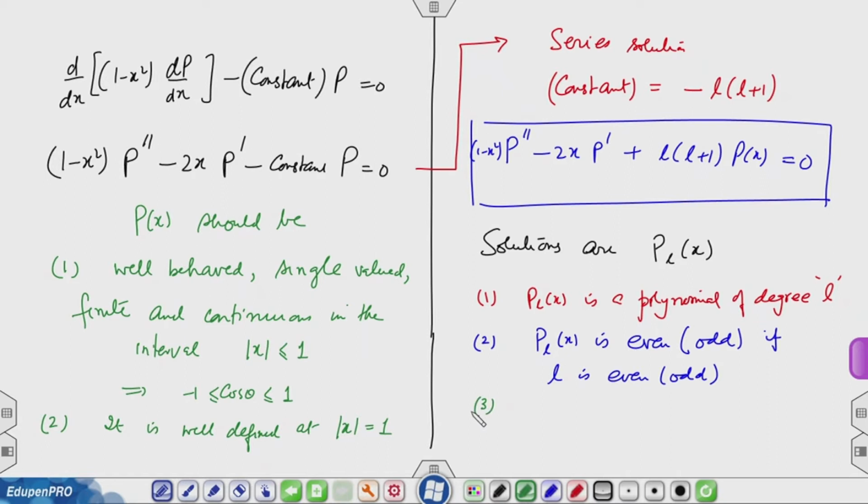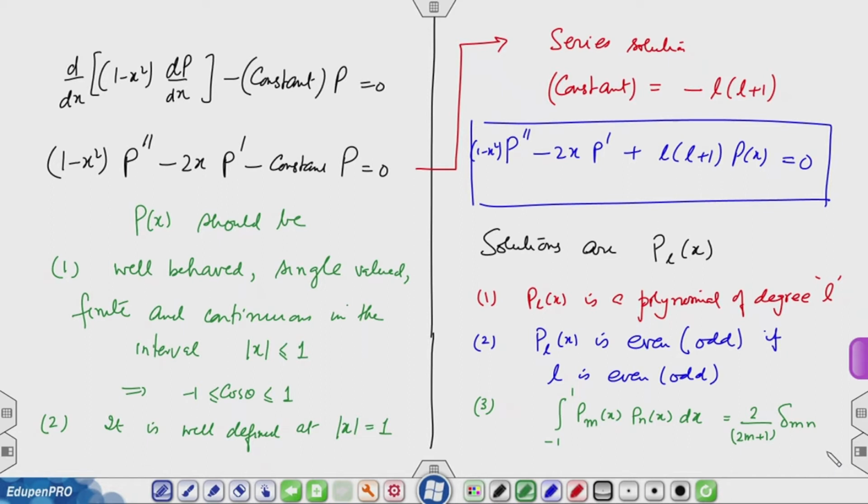Number 3, they are not normalized, but they satisfy an orthogonality property, and that is, if I integrate from minus 1 to 1, P_m of x P_n of x dx, it comes out to be equal to 2 over (2m plus 1) delta m n. So, they are orthogonal.